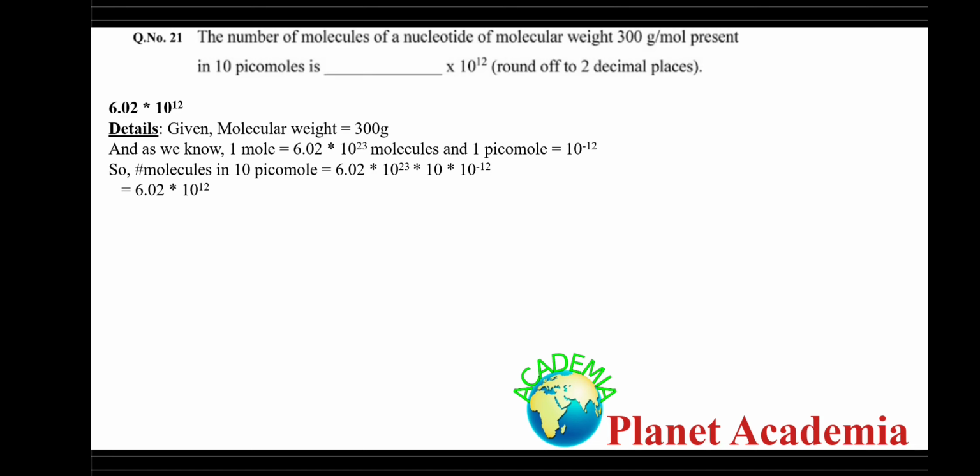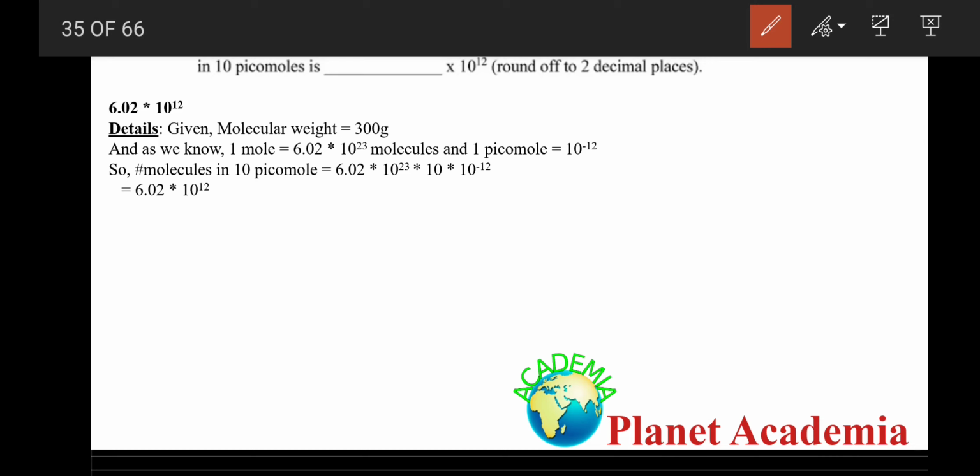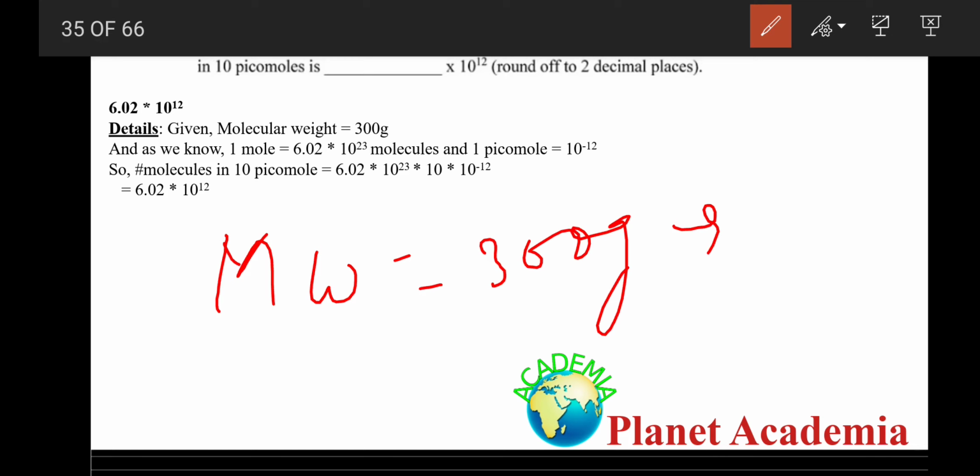The number of molecules of a nucleotide of molecular weight 300 gram per mole present in 10 picomole is asked. Everything is given. Molecular weight equals 300 gram. 300 gram contains how many particles, Na particles, right? 6.02 into 10 to the power 23 particles.